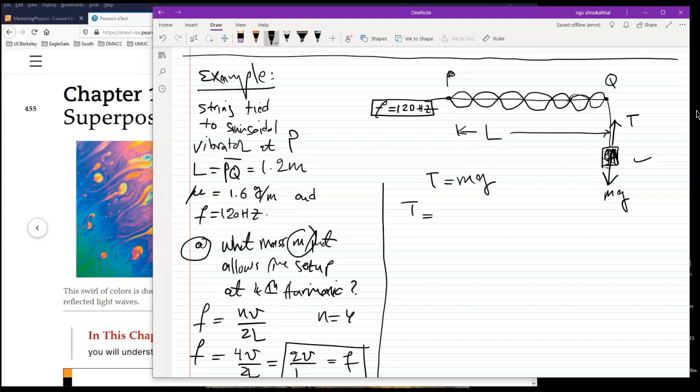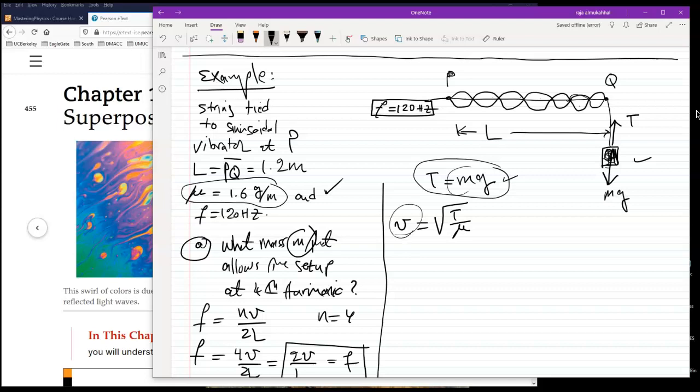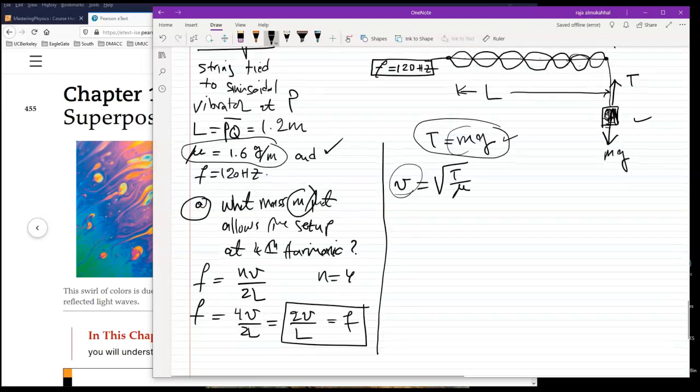And we know that the velocity is equal to the square root of tension over the linear density, right? So do you see the link there? He already gave me the linear density, and I have just found out what the tension is. So when I plug it in here, I can solve for m. And what is v? Well, v is right here. If I combine all of them together, I can find the mass. Do you see the plan?